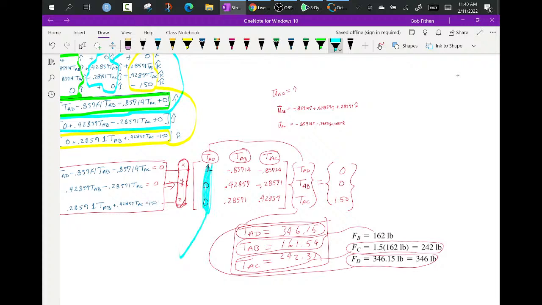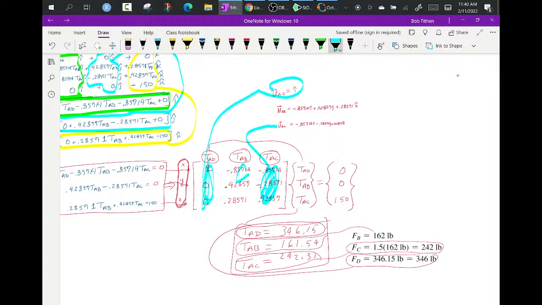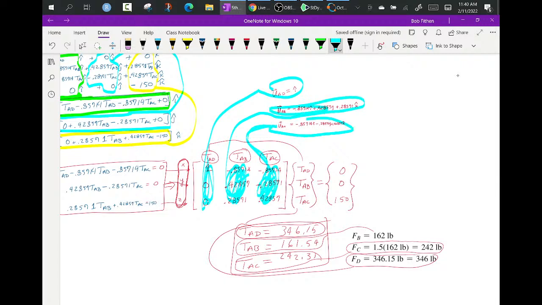So we have a unit vector here, a unit vector here, and a unit vector here. This one sits right here, this one sits right here, and this one sits, of course, right here. This always occurs, especially if you list them X equation, Y equation, Z equation. So you got to be mindful of that. And the right-hand side is there as well.